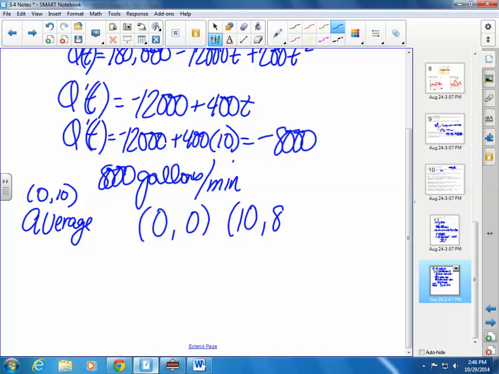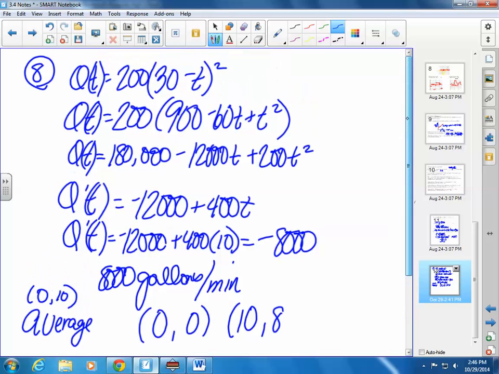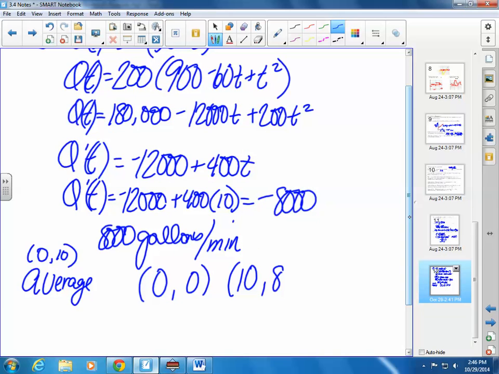Oh, wait a minute. Sorry, hold on. Plug in 0 to the original problem. How much water was in there? Not 0, it was 180,000.